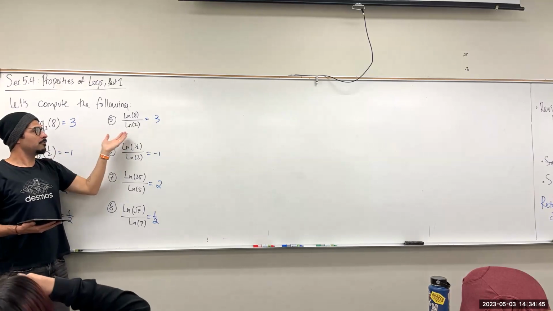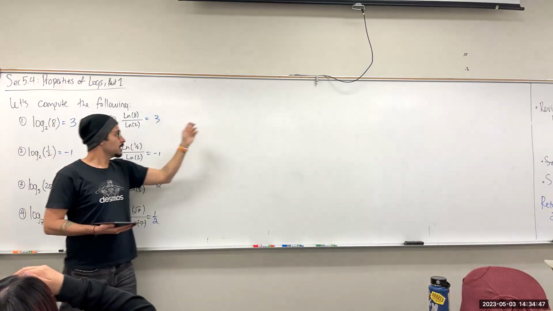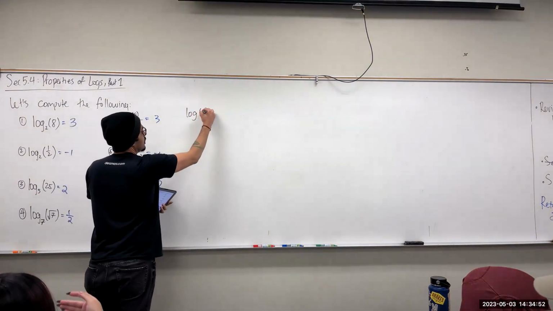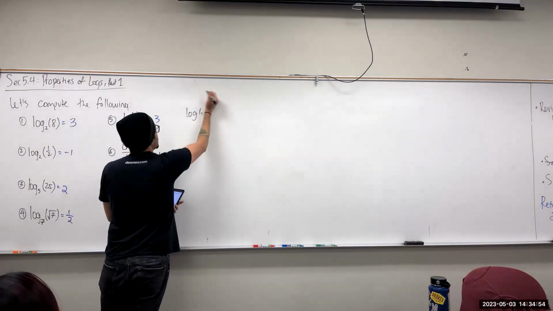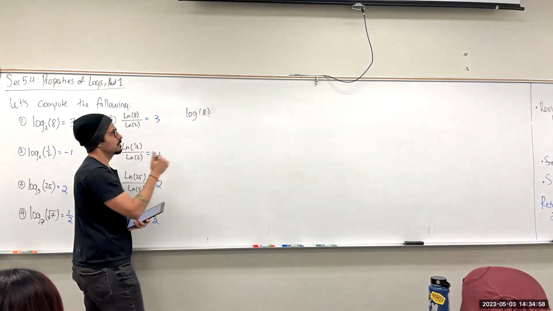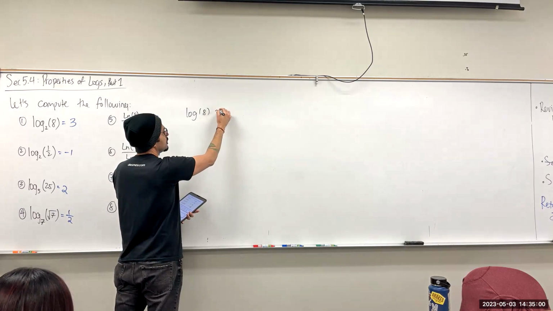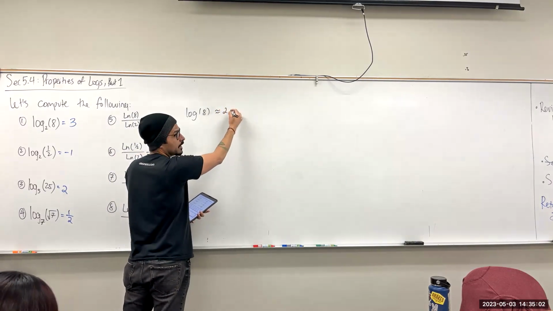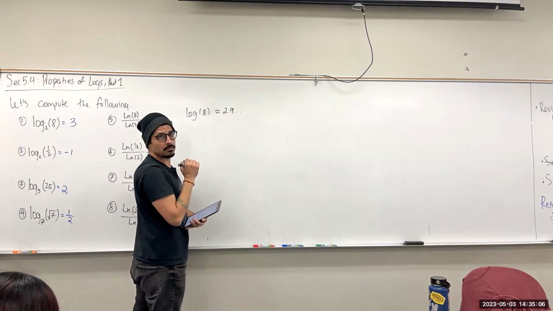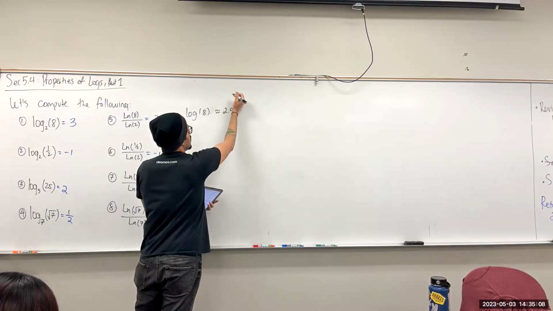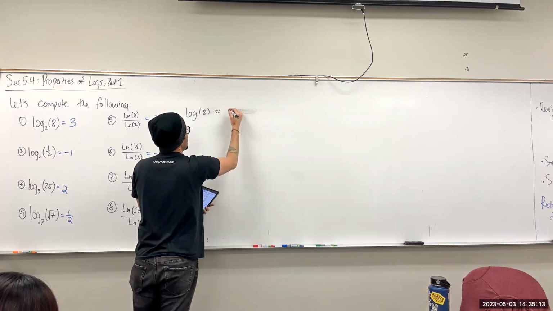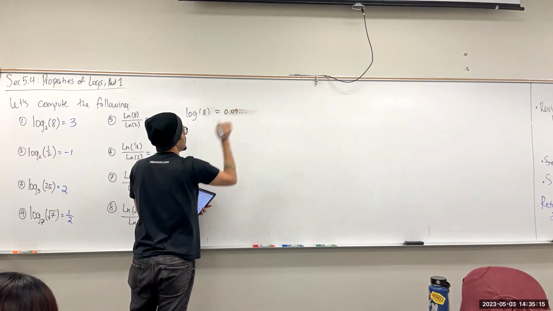And then not only that, for log base 10, if I do log base 10 of 8, put that in your calculator. What is that? It's 0.9 and some other stuff. Okay.